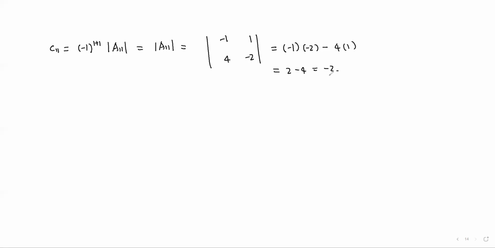And similarly, C12 is -1 to the 1 plus 2 times the determinant of A12. In a similar way, we get the number is 3. C13, the number is 5. C21, 14.